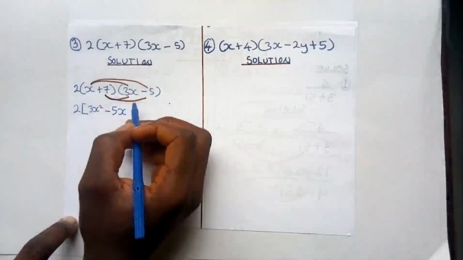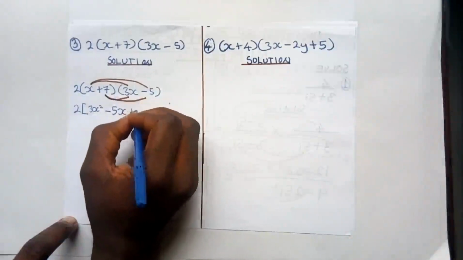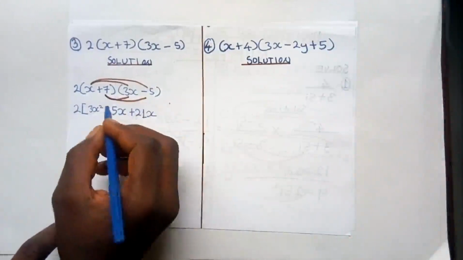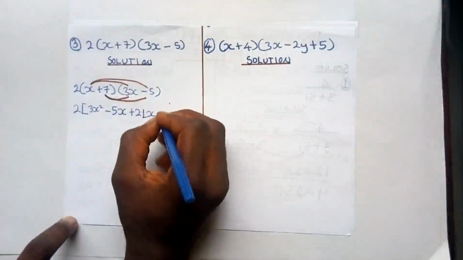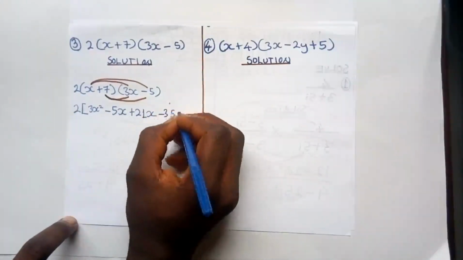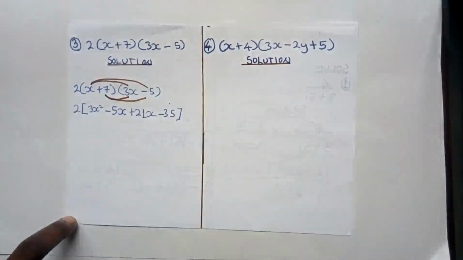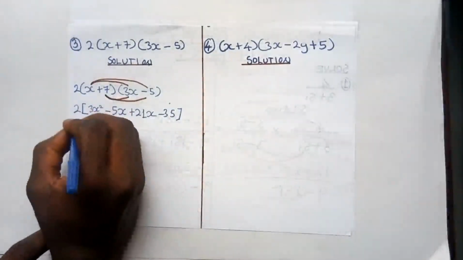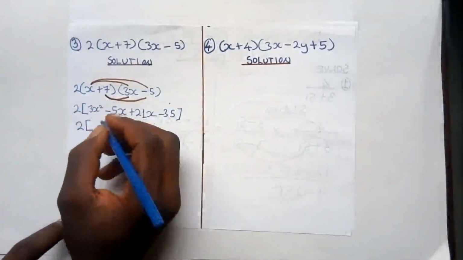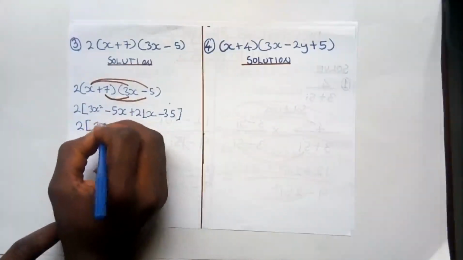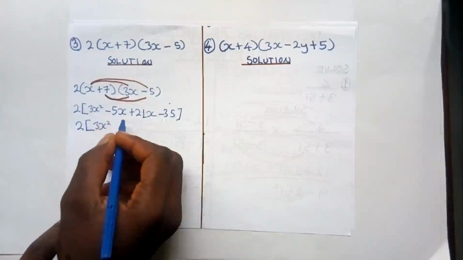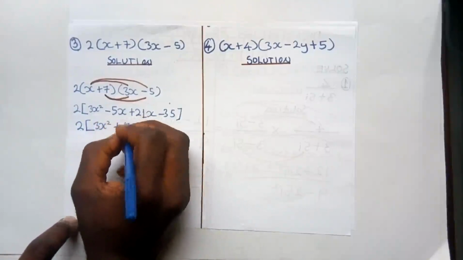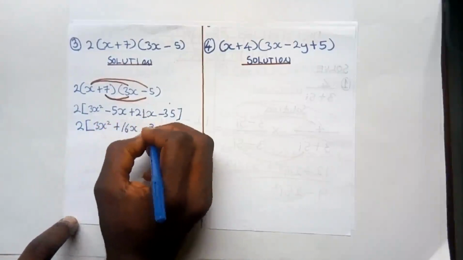So 7 multiplied by 3x gives us plus 21x, and 7 multiplied by minus 5 gives us minus 35. So take like terms. 3x squared, minus 5x plus 21x gives us plus 16x minus 35.